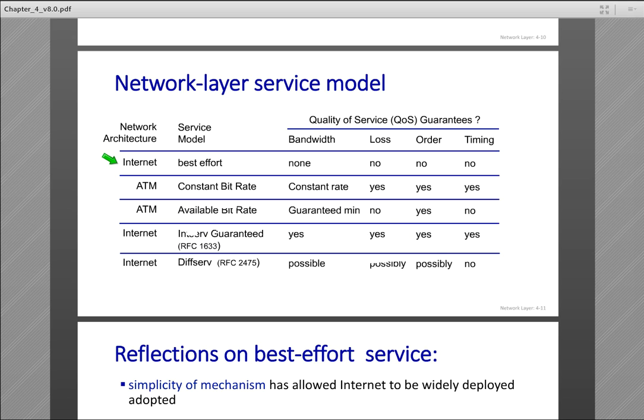We said that the basis of the internet is best effort, so I can guarantee nothing. But if I use IntServ, I can guarantee everything over the internet. Or even if I use DiffServ, possibly I can guarantee some items.